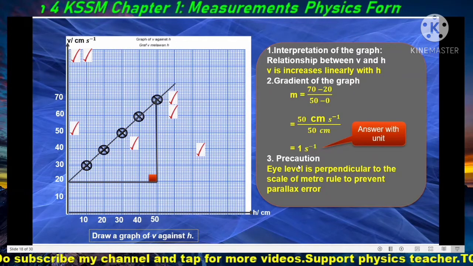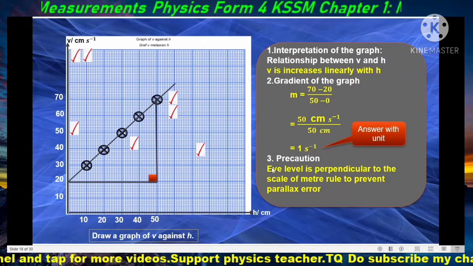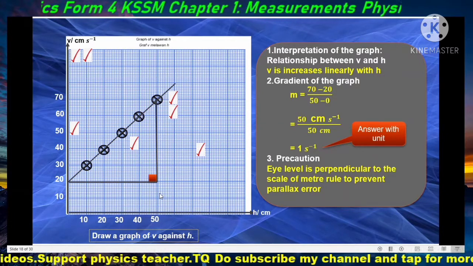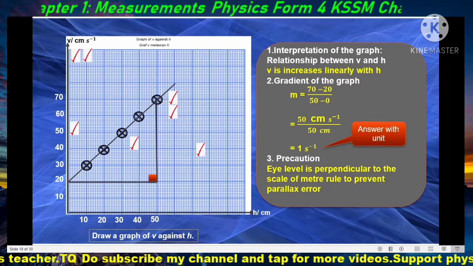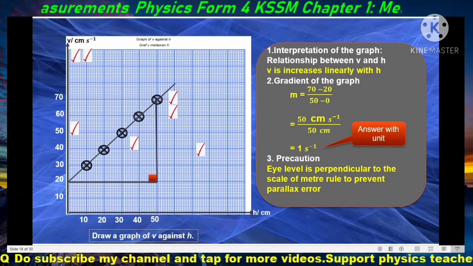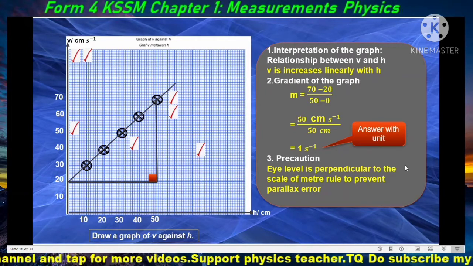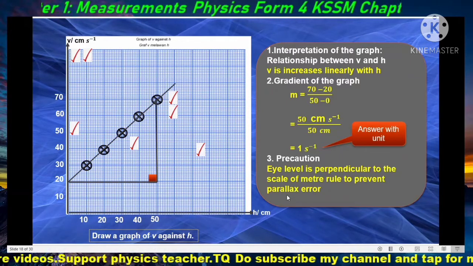And then the third one, precautions. When we discuss why the result is not accurate, for example, we can state some of the precautions taken. For example, eye level perpendicular to the scale of the meter rule to prevent parallax error.